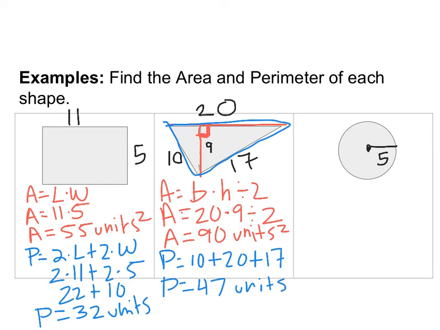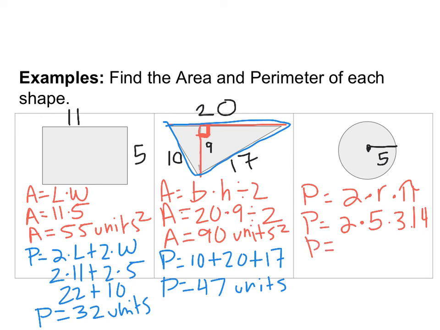Finally, for the circle, for perimeter, since I was given the radius, I'm going to use the formula 2 times r times pi. So that's going to be 2 times 5 times 3.14. That would give me 31.4 approximately.